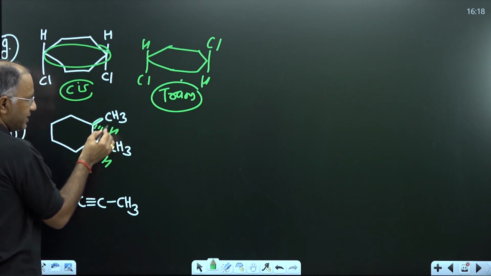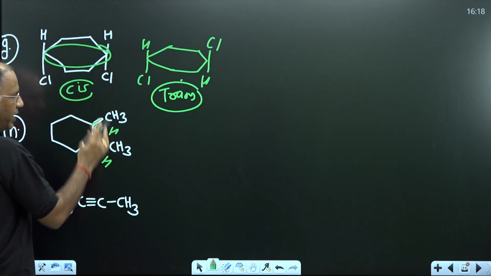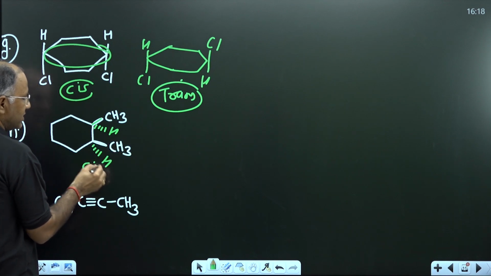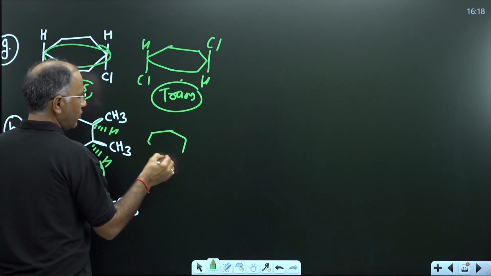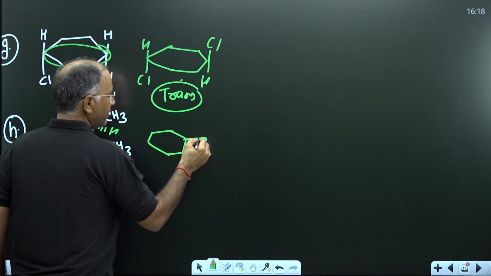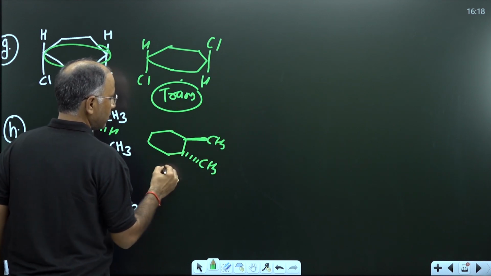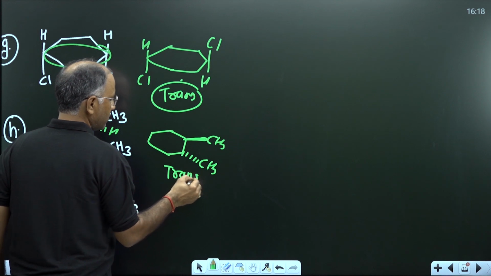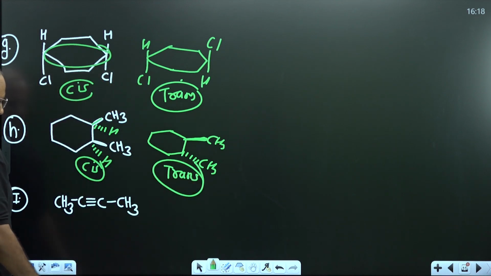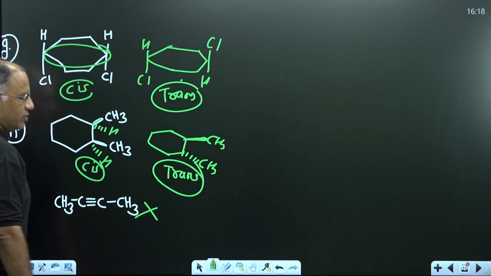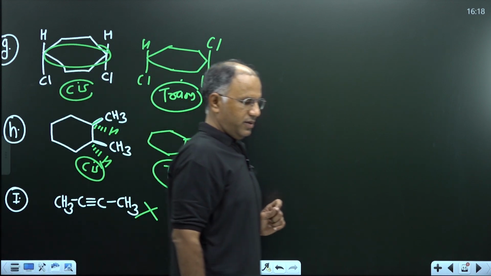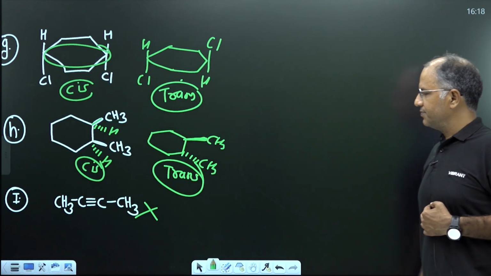Dash means hydrogen below the plane of the ring. This is our cis. How to draw trans? Wedge above the plane, dash below the plane. And what about I? GI is not possible because it is monovalent. In monovalent, GI is not possible.